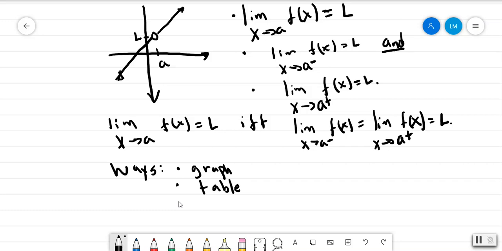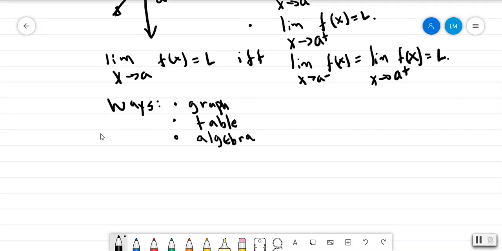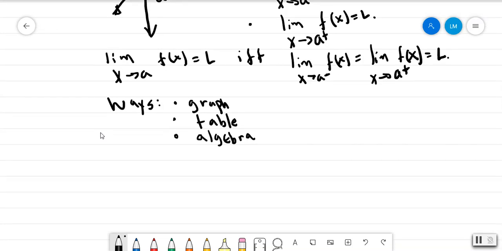Now, the other way is through what we can call algebra. And then another way that we can find the limit is through what we call analytic methods.